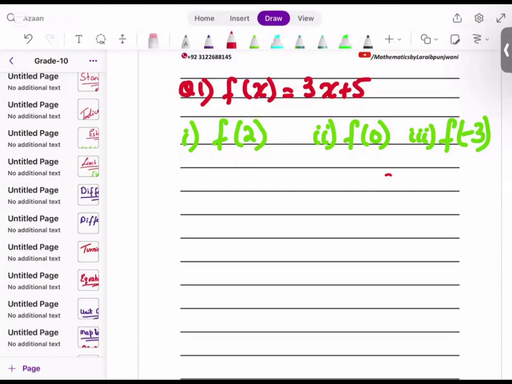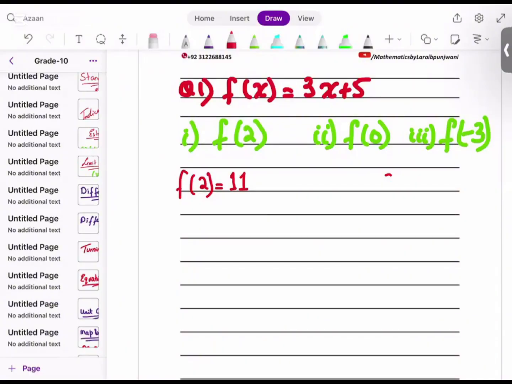How much time required? Yes, Azan. It equals 6 plus 5. So what is 6 plus 5? You have to solve it. 11. So that's it. The answer is 11. What about part 2?